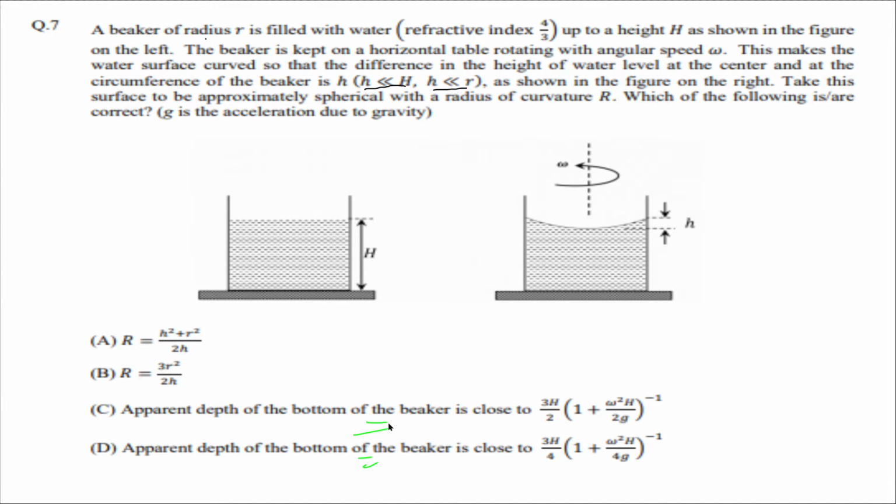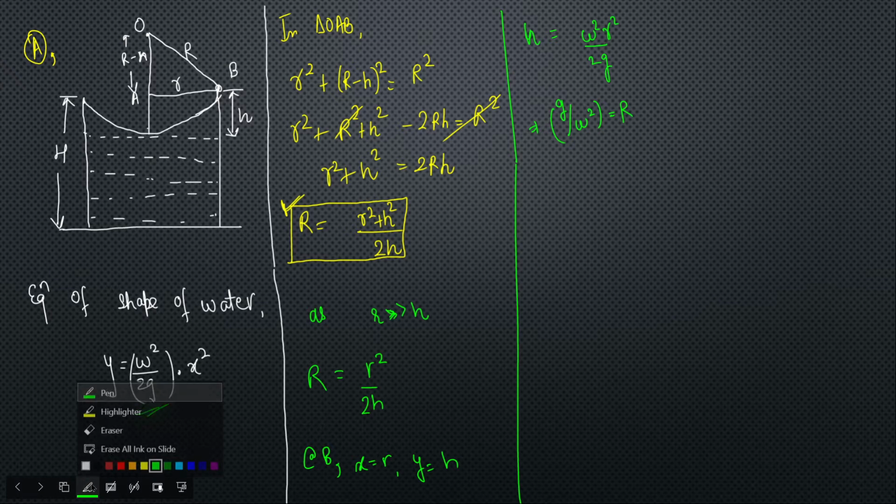First of all, let me use this pen. Should I erase this? If you don't have any problem, let me erase this part. I hope you understand this R concept.